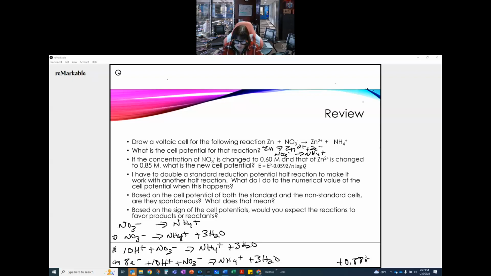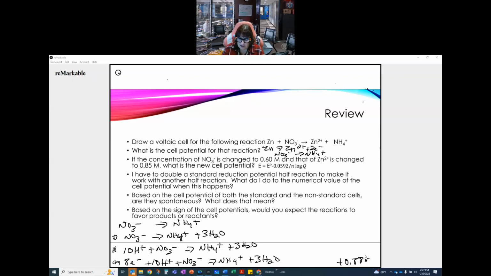My net charge on the reactant side is also plus 1, because we have our 8, which is negative, plus the 10, that leaves me with plus 2, but we have the NO3, so that's 1 more, so it's just plus 1. Okay, so I've summed those up. So that's the half reaction for that.